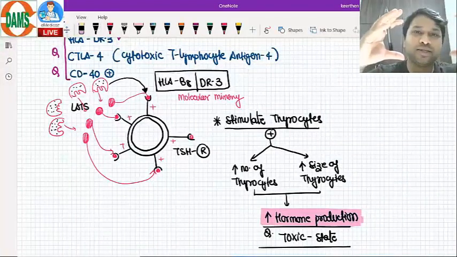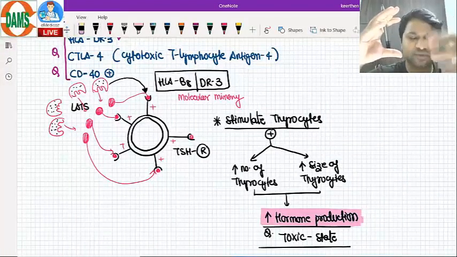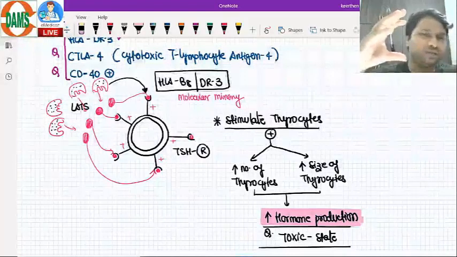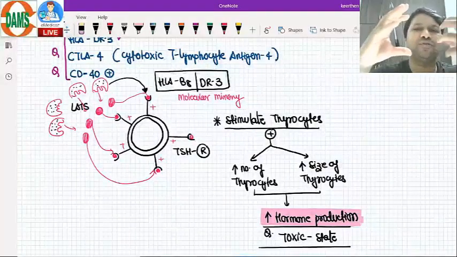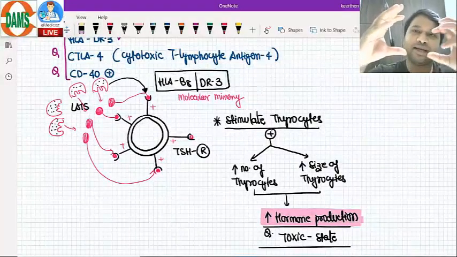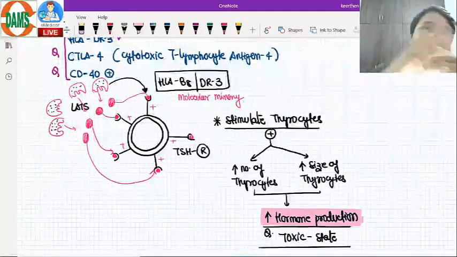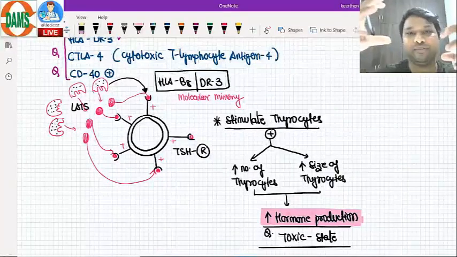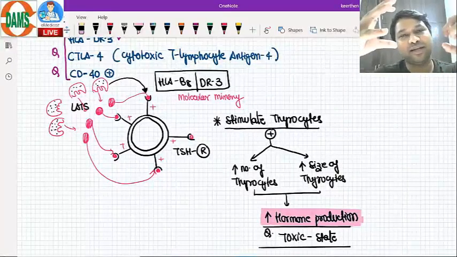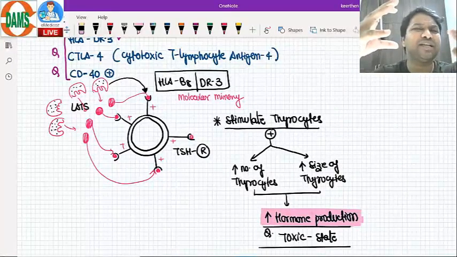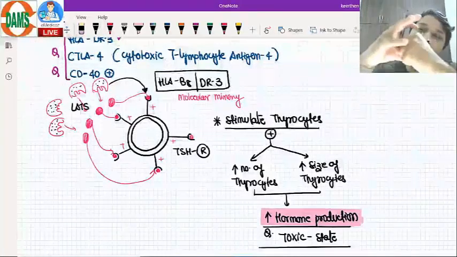So the human leukocytic antigens, with the help of CD40, of course, cause configuration changes of your antibodies, and this change of configuration of the antibody is called molecular mimicry. After the mimicry has occurred, it will metamorphose and change its configuration so that it can go and bind to the receptor.